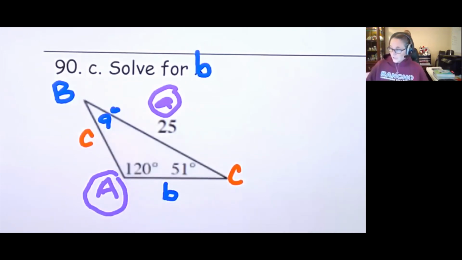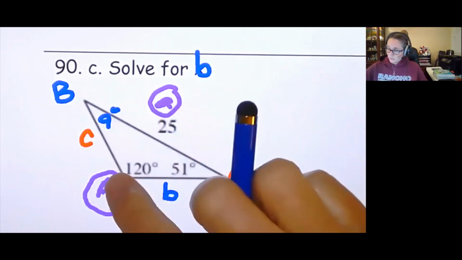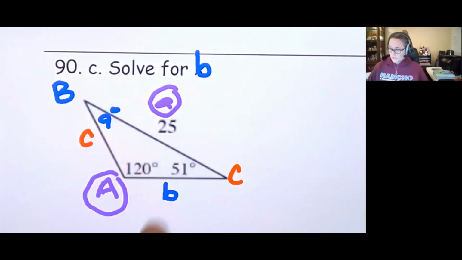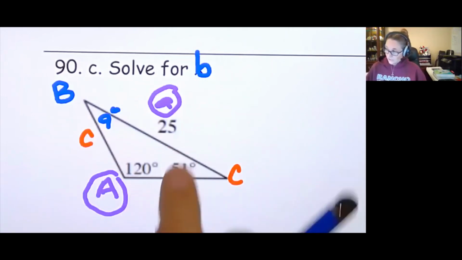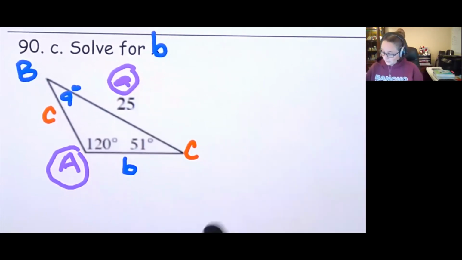Okay, so now I've got these ones in purple. I know this one here in blue, and I'm trying to find this, so I'm going to use law of sines. Now, you need to look and see, was it side, side, angle? It was not side, side, angle. It was angle, angle, side. So I don't have an ambiguous case, only if it's side, side, angle.